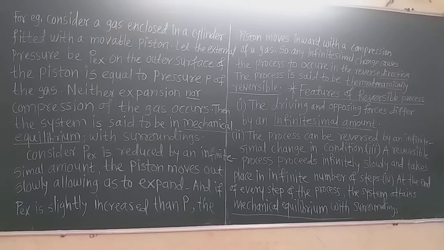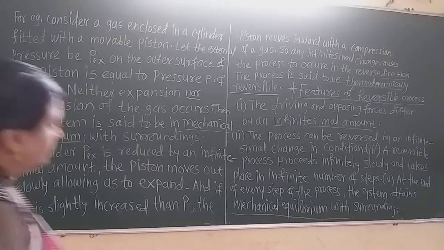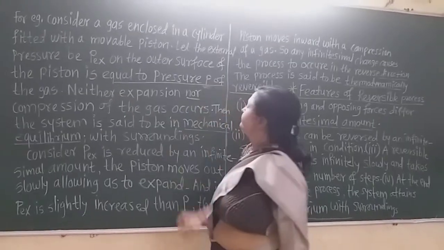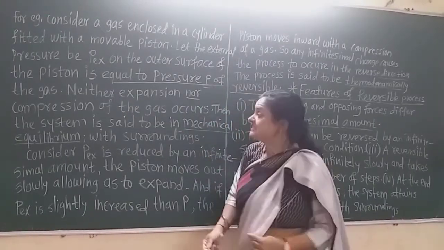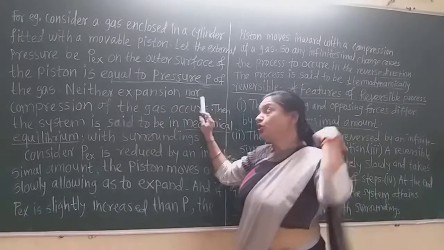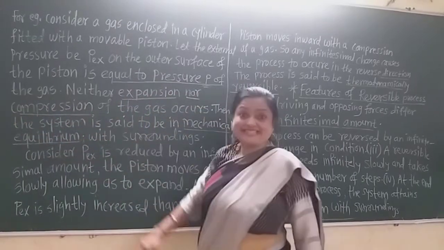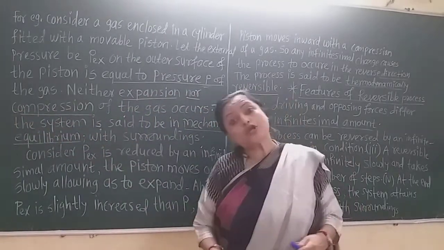Now consider a gas enclosed in a cylinder fitted with a movable piston. Let the external pressure Pex on the surface of that piston be equal to the pressure P of the gas. That means neither expansion nor compression can take place because both the forces, driving force and opposing force, are equal.